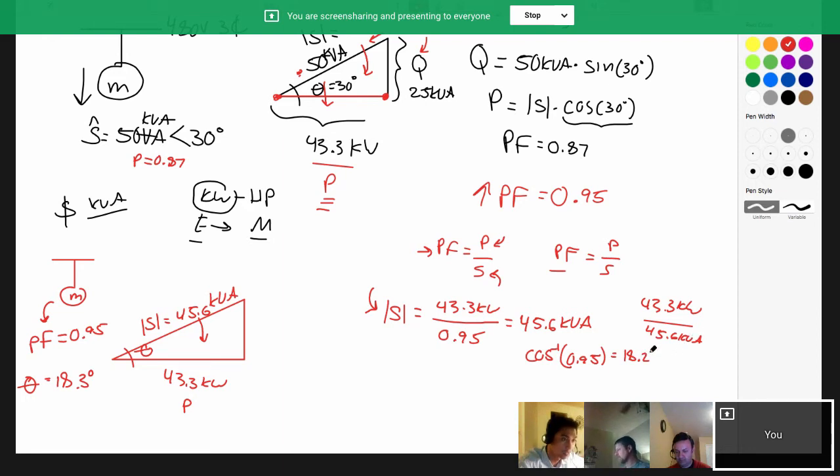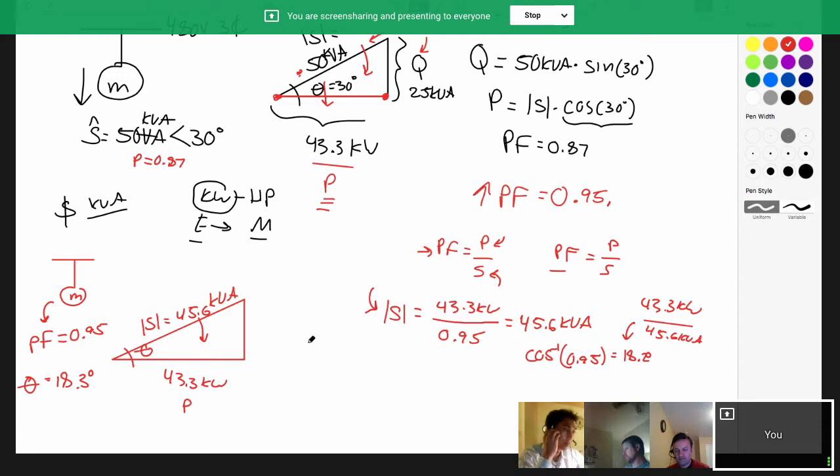Remember power factor is a decimal. We always want that bigger number on the bottom. That's one of those things that'll rob you from getting it right. 0.95. Right. So that's how you got the power factor. And then you go from the power factor to the angle. Perfect. Did that answer your question? Yep. Okay. Thank you. No problem.